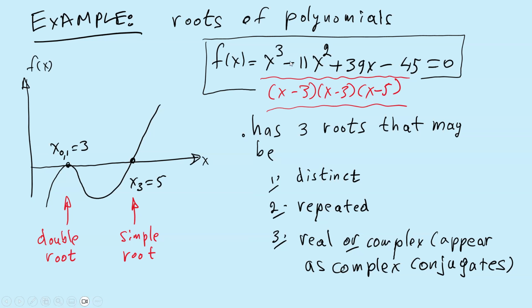If we draw the graph of this equation, as you can see, the graph crosses the x-axis at point 5, and this is a simple root, and the graph touches the x-axis at point 3, and this is a double root for this function.